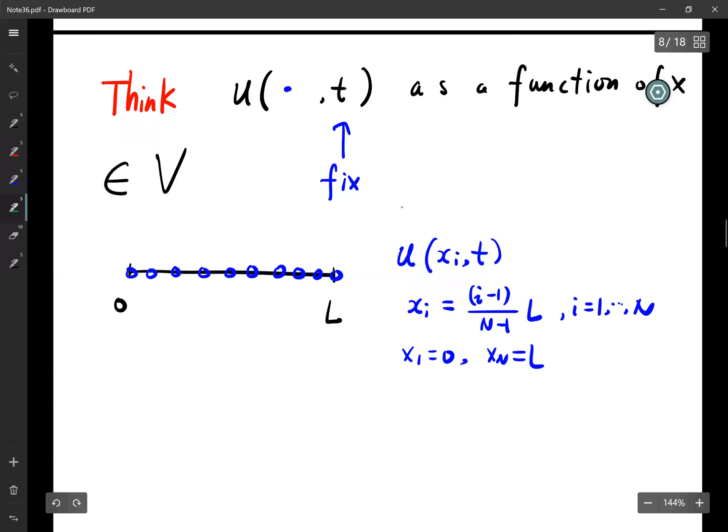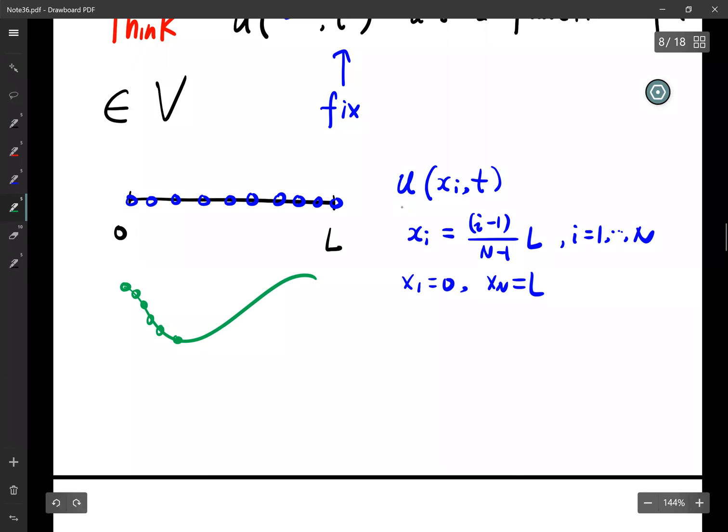Now you can think that if I have a smooth function here, then as this n goes to infinity, at some point it will be so difficult for me to figure out the difference between this continuous function and the u evaluated on these points, because it's smooth and the difference between these two is very, very minimal. So then I can think that there's a vector u.